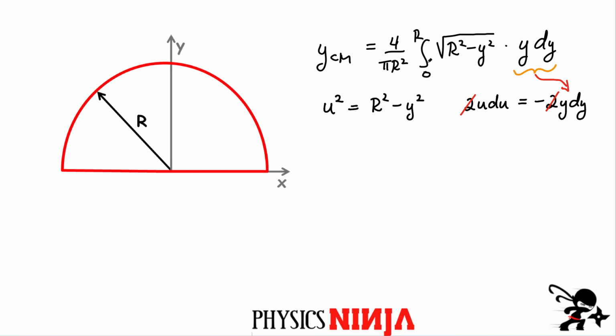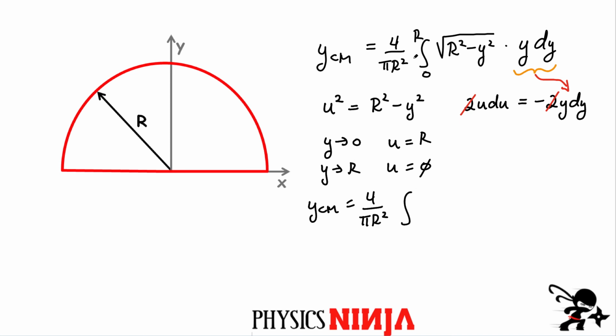The other thing you have to worry about is the limits of integration. So for example, when y equals 0, u is equal to r. And when y is equal to r, u is equal to 0 in this case. So we do end up switching the limits, but this is what it looks like. Have no fear. So actually we're going to be integrating from r to 0. It's kind of backwards, right? This term over here is simply u. That's the definition of u, right?